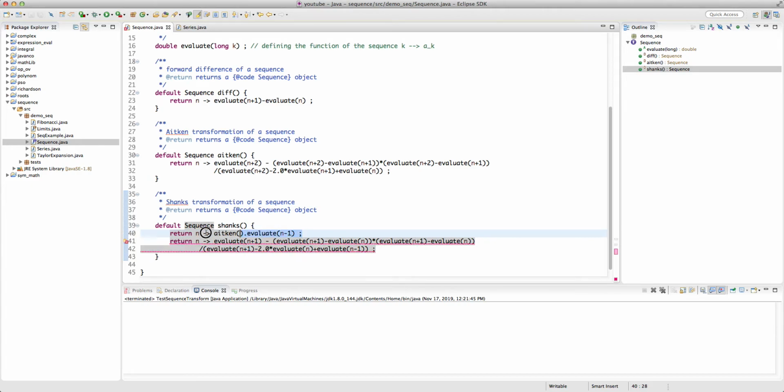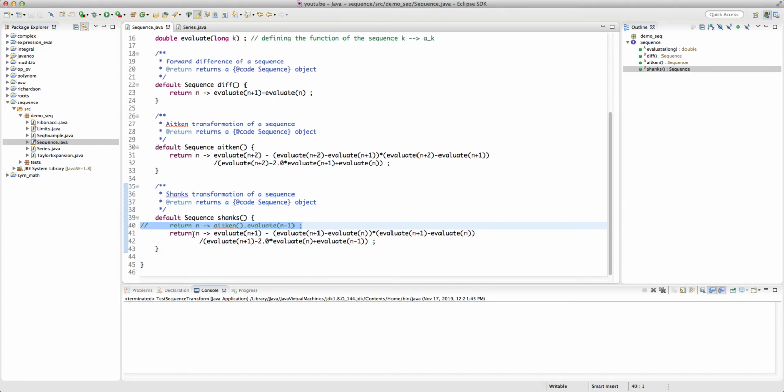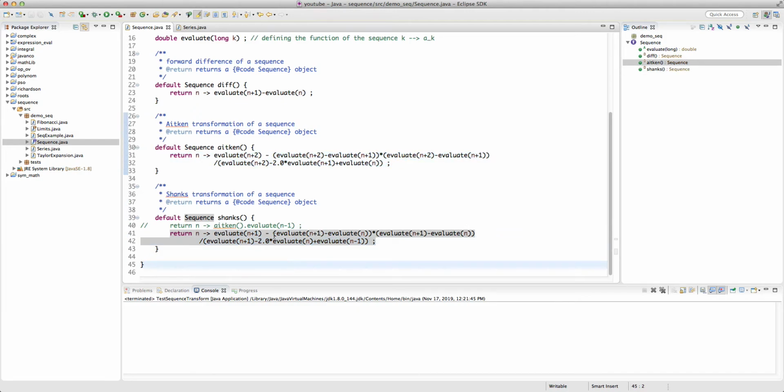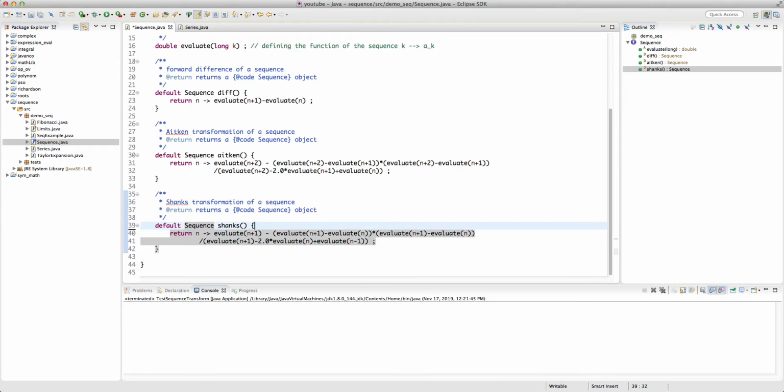I could do this, but here I'm just writing it down. So basically copy and paste this and just replace n by n minus 1. So n plus 2 becomes n plus 1, minus n plus 1 minus n squared, divided by n plus 1 minus 2n plus n minus 1. All right? This is our Shanks. And we can add more methods for the binomial transformation, Euler's transformation, etc.